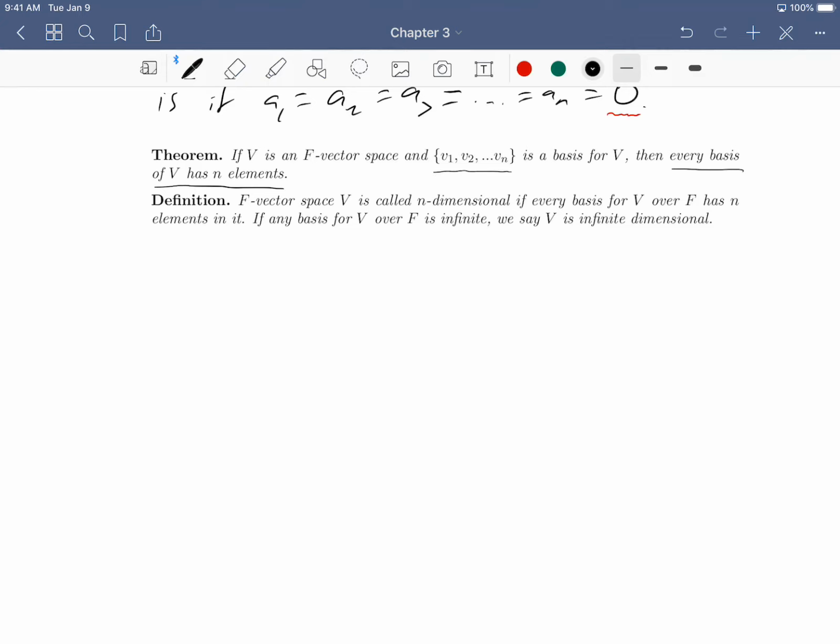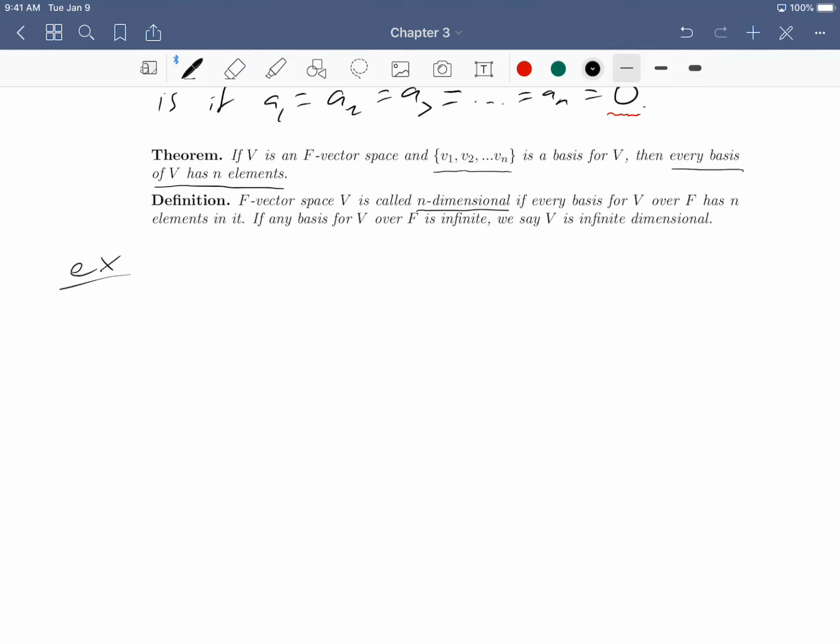And what we call that number is the dimension of the vector space. So if the vector space has n elements in a basis, it's an n-dimensional vector space.